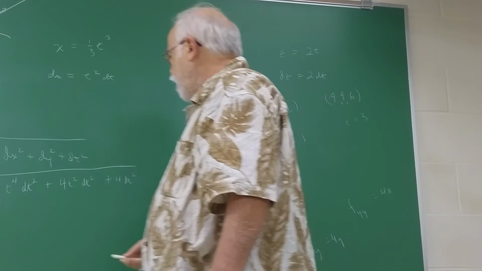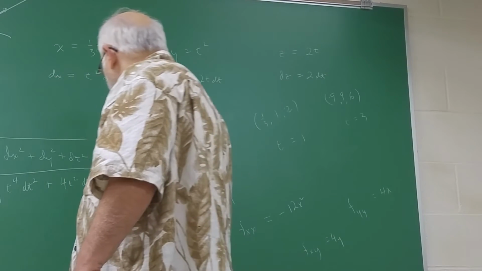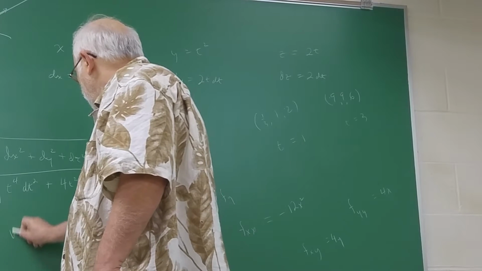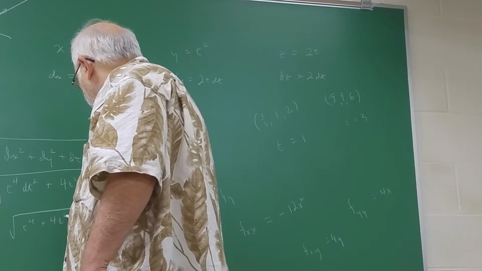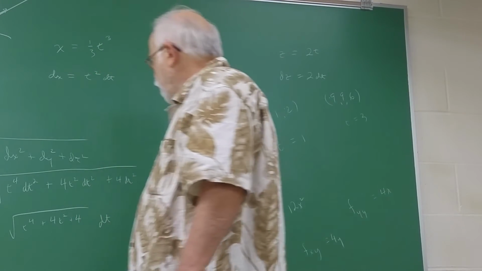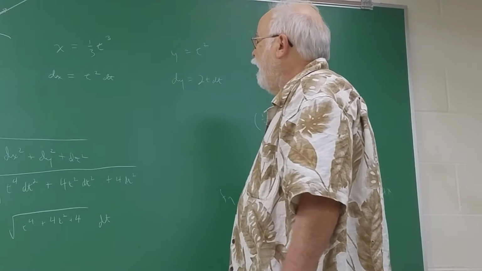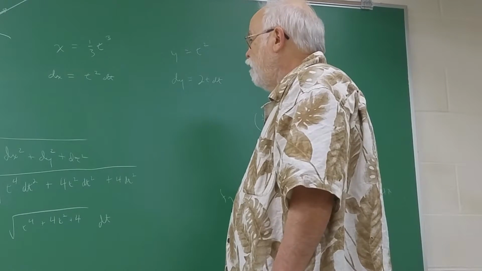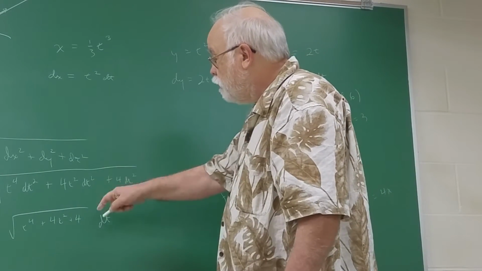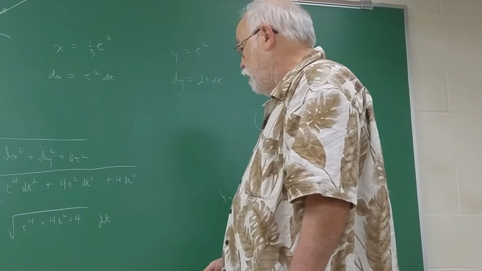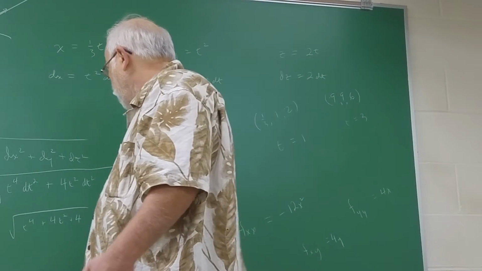I can factor that out. I'm going to get dt times the square root of all of this. And you know what? I rigged the problem. I rigged the problem so that this would come out as an easy square root. Not everybody saw it that way.